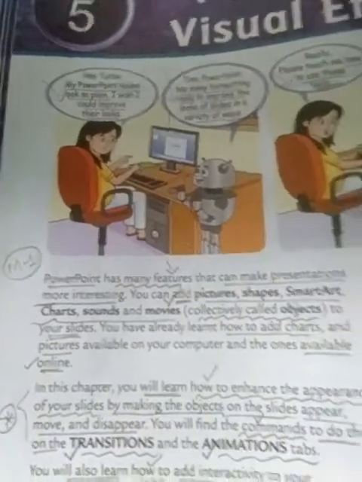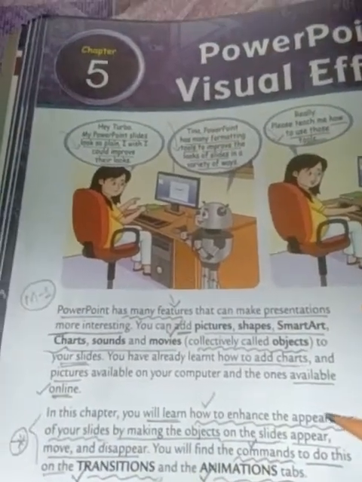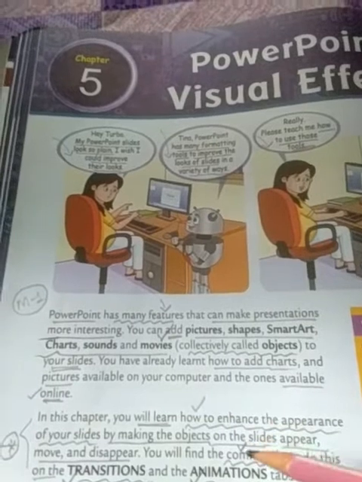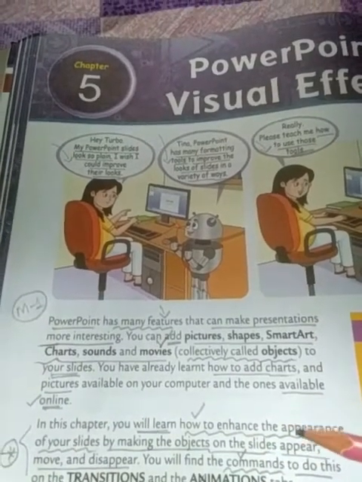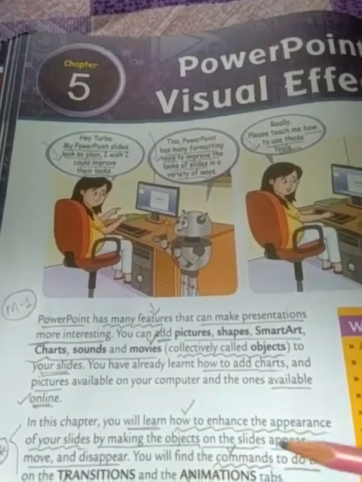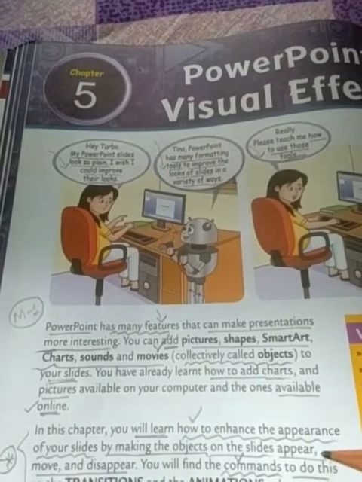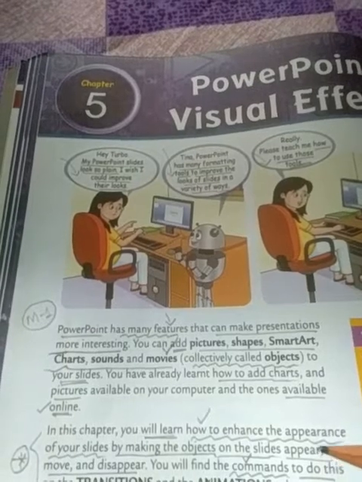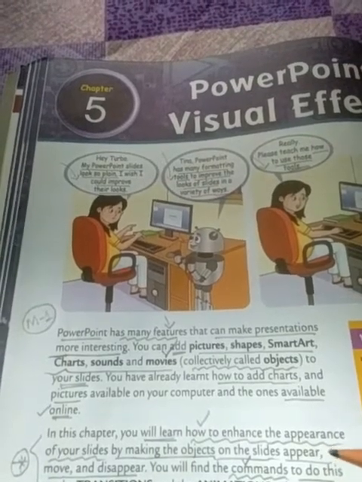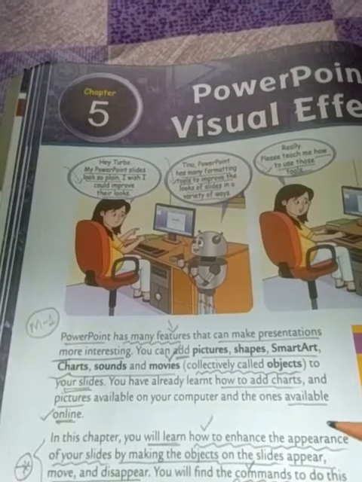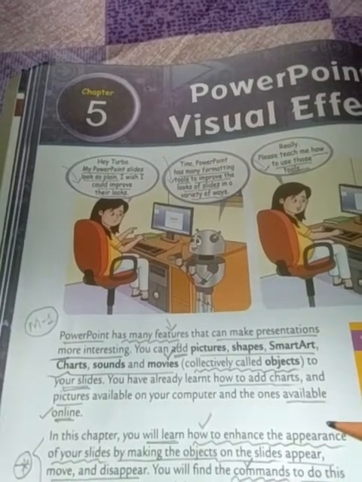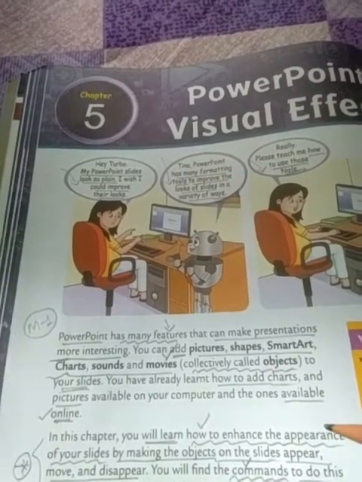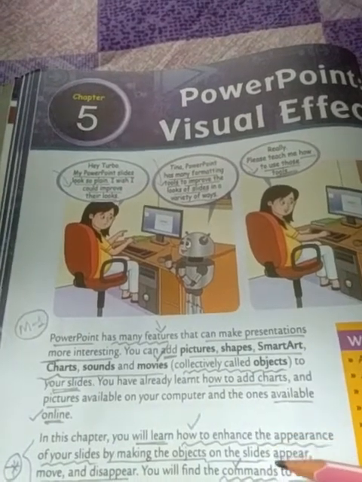Particularly in this chapter, we are going to learn about how to enhance the appearance of our PowerPoint presentation slides by making or choosing the different objects on the slides which will appear, move, or disappear. I repeat once again, in this chapter mainly we are going to learn about how to enhance the appearance of our PowerPoint presentation slides.